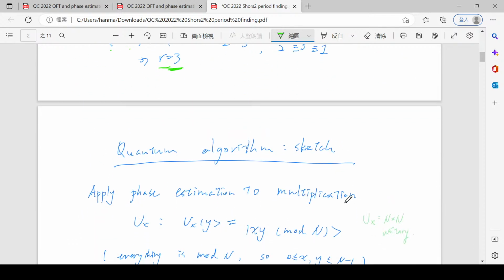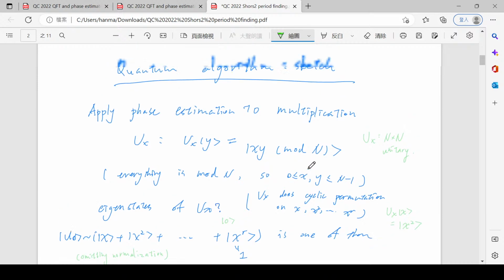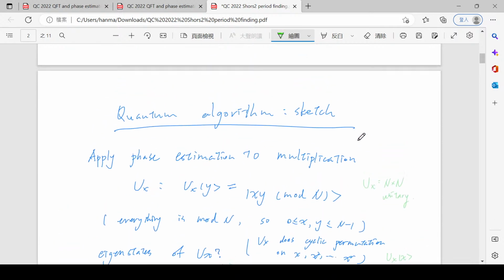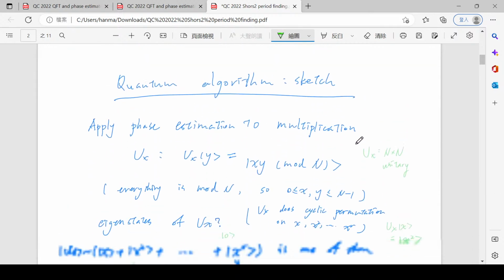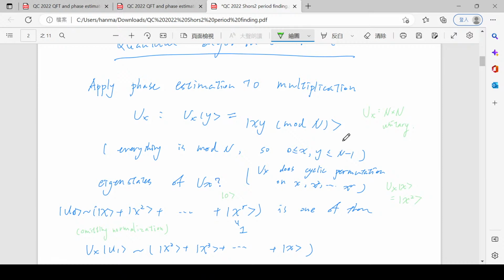Then let's see the quantum algorithm part. So how do we use phase estimation to solve order finding?